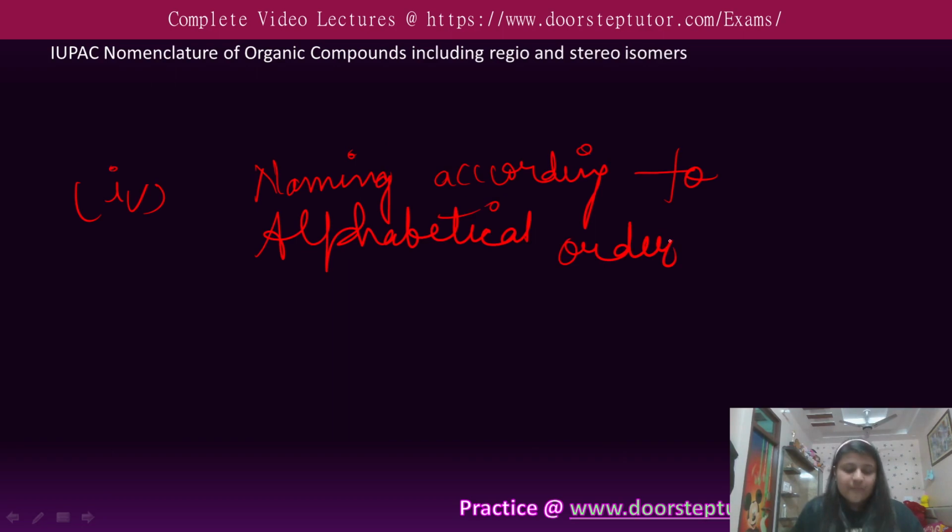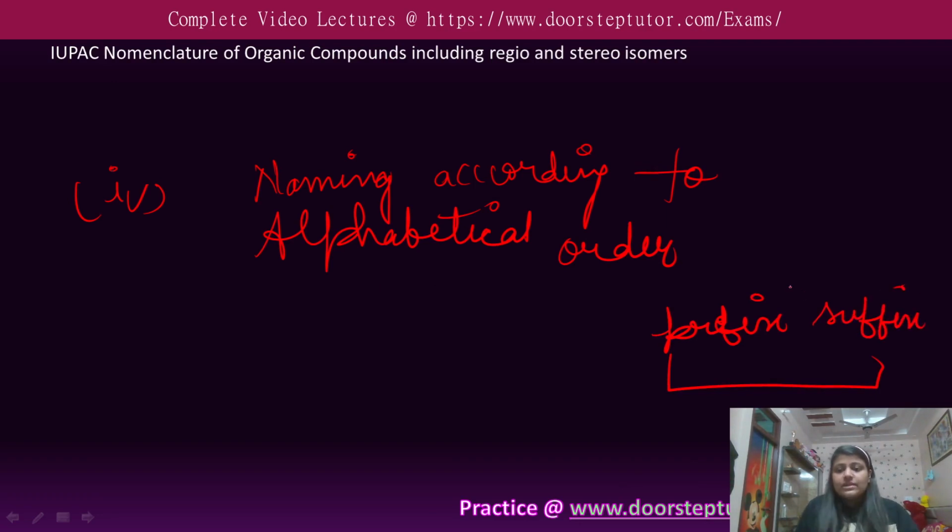I will give you some examples related to this as well. In a particular word there is a prefix and there is a suffix. For the prefix you have to follow alphabetical order. In the suffix you will generally name according to the word root. I'll give you a very good table of the word root in a later slide.